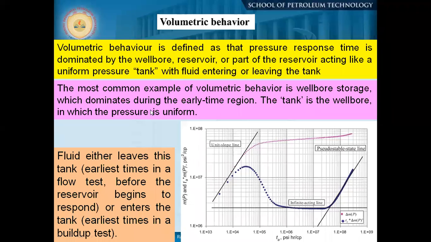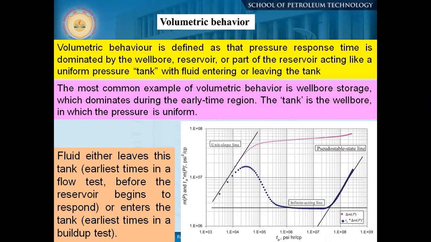What we discussed earlier also: in wellbore storage, the wellbore volume of the fluid is considered to be the tank, and when we are taking out fluid at the specific rate of production, it is supported from the tank. At that time we are considering the sand face, where the perforation has not yet supported anything entering from the reservoir.